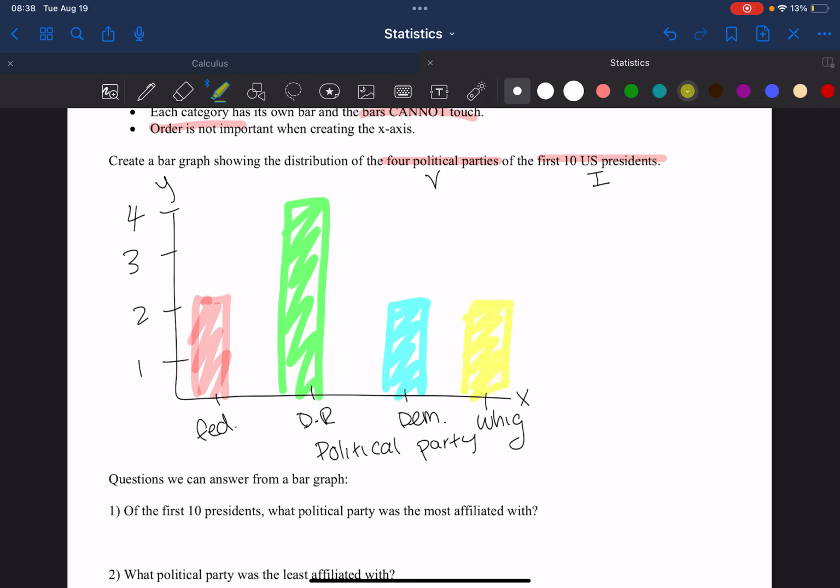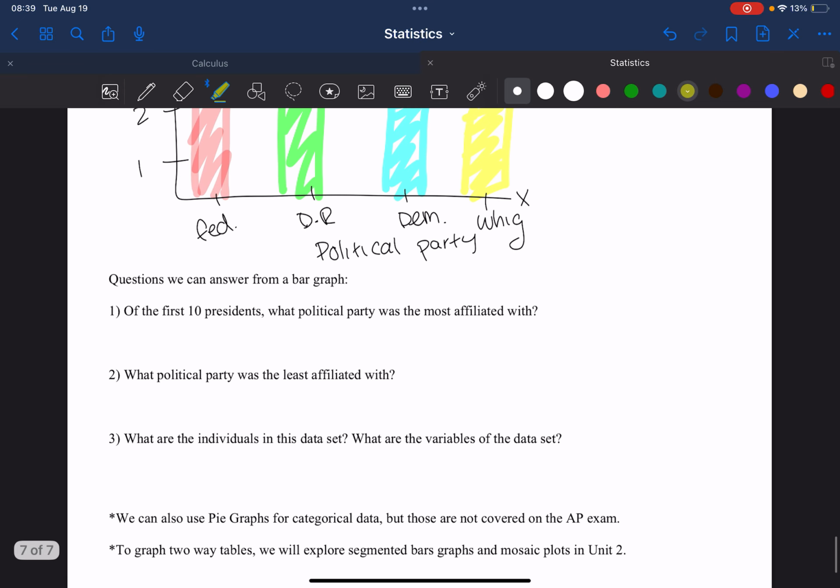So notice, looking at this bar graph, I can easily, right off the bat, see that the Democratic Republican had the most affiliation with the first 10 U.S. presidents. So looking at the questions below, I answered number 1. It says, of the first 10 presidents, what political party was the most affiliated? Which one had the largest bar? That was the Democratic Republican, which I'm still just going to abbreviate.